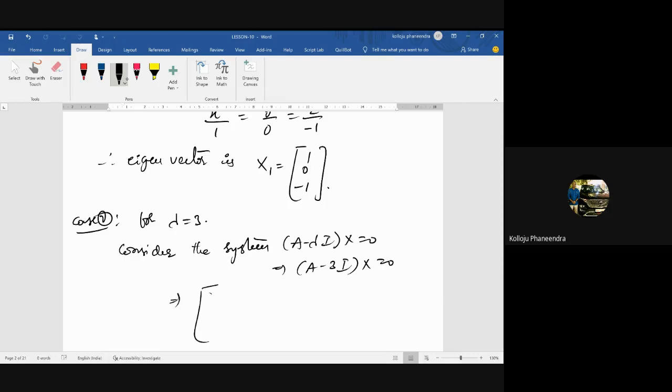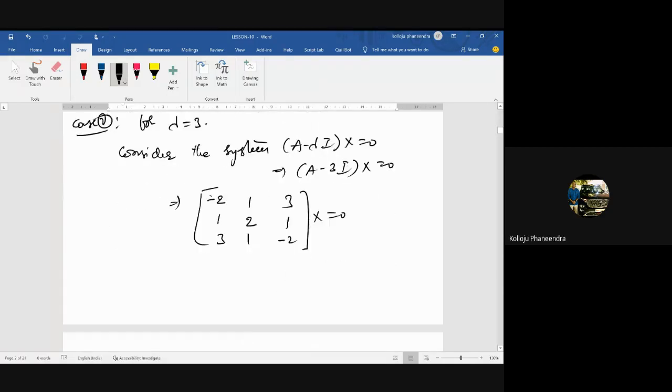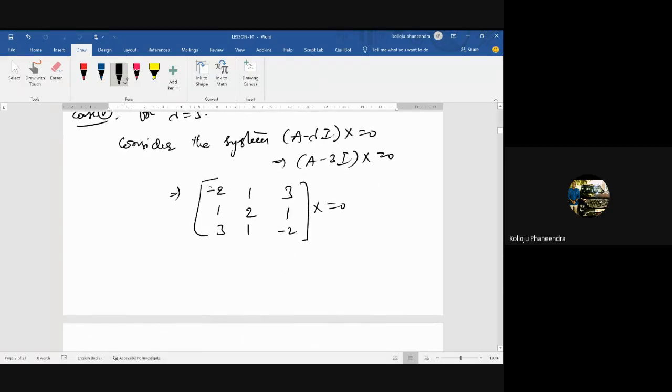A minus 3I is [minus 2, 1, 3; 1, 2, 1; 3, 1, minus 2]. What are the operations here? 2R2 plus R1, and 2R3 plus 3R1, to reduce to echelon form.